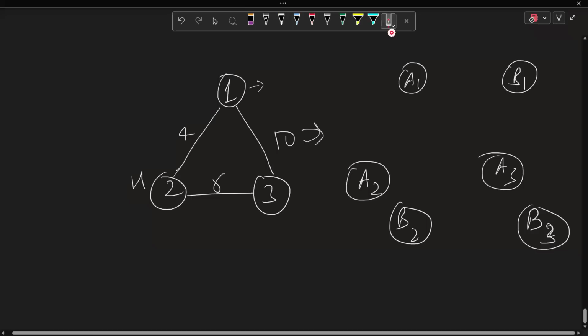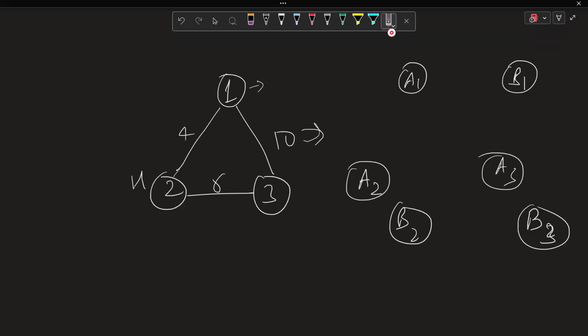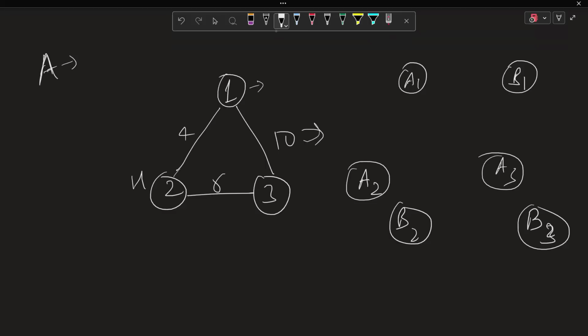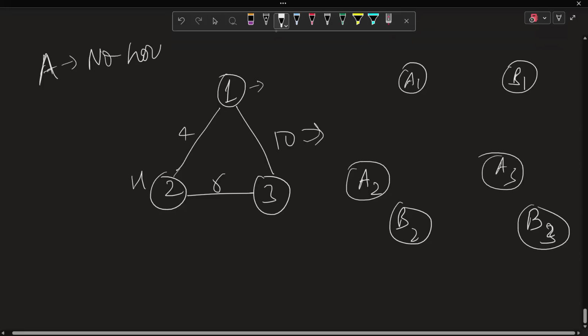Now I would say that all the A nodes represent that after reaching it, there is no horse available, that is, till here you have reached by walking and moving forward you also don't have a horse available.